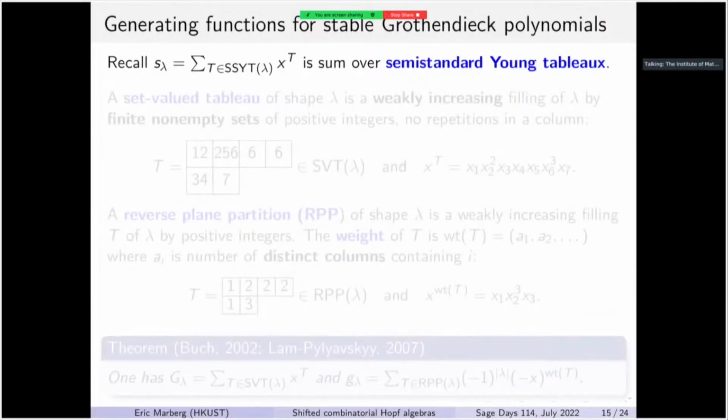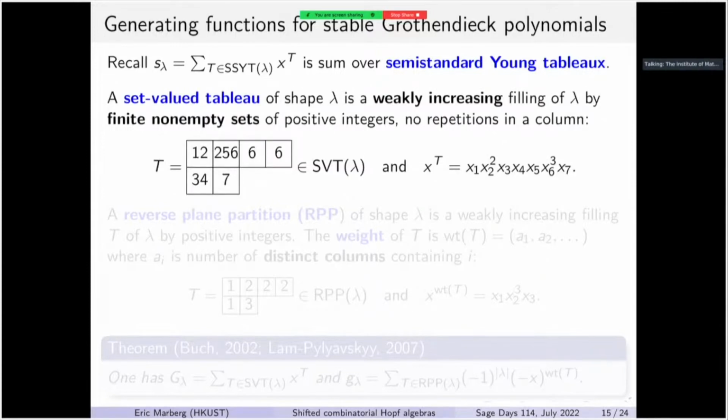Okay, so now I want to tell you about the explicit generating functions for stable Grothendieck polynomials. Recall that Schur functions are just generating functions for semi-standard Young tableaux. So I'm not going to define what that is, but we have this formula like this. A set-valued tableau of shape lambda is as follows.